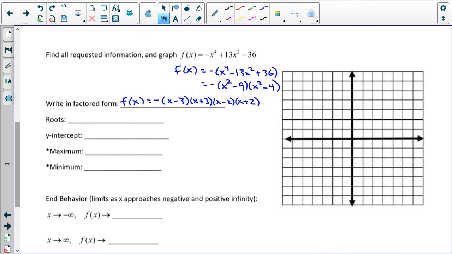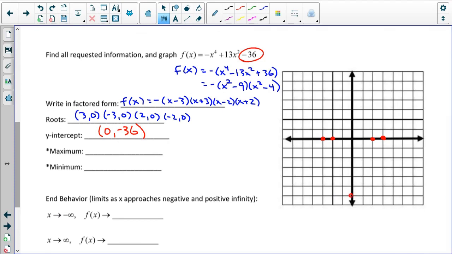And if I look at the roots, I have roots at 3, 0, negative 3, 0, 2, 0, and negative 2, 0. So all of those things will end up giving me roots. I will plot the roots on the screen. The y-intercept is negative 36, which is obvious because that is the value that when I plug in 0, I get negative 36.